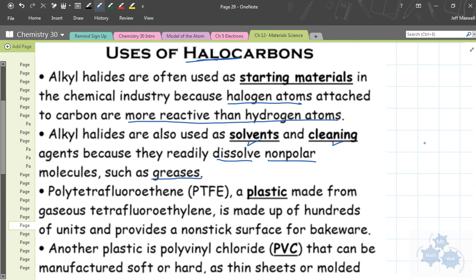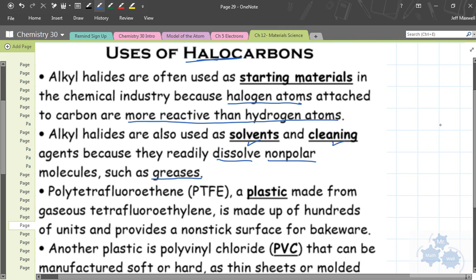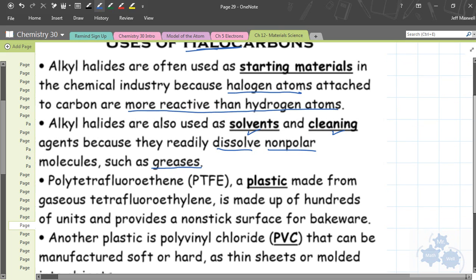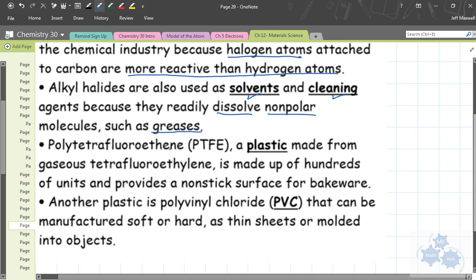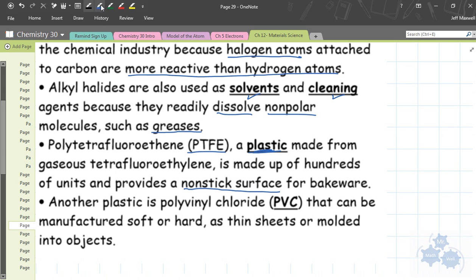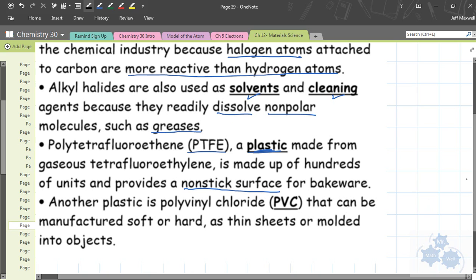Polytetrafluoroethylene, PTFE, is a plastic made from gaseous tetrafluoroethylene, and it's made up of hundreds of units and provides a non-stick surface for bakeware. Again, do not copy these notes down word for word. You can just summarize them. But again, the uses of halocarbons: PTFE is a plastic that makes up non-stick surfaces. Also, you've all heard of PVC.